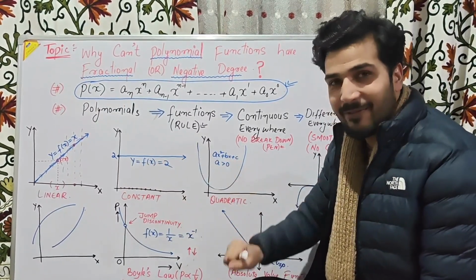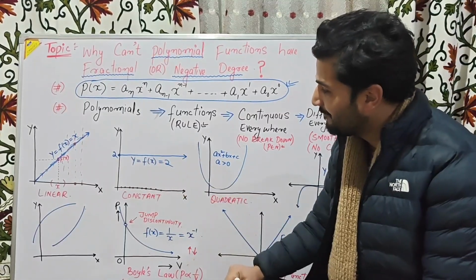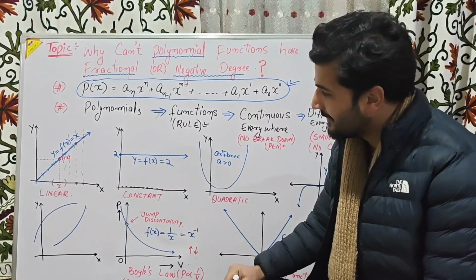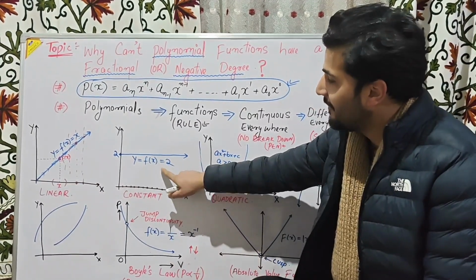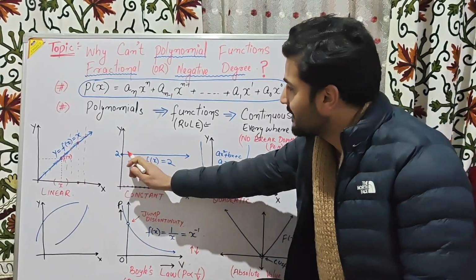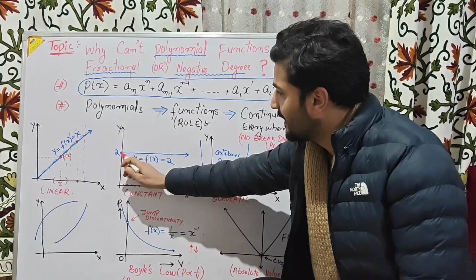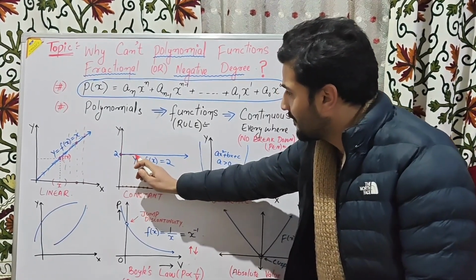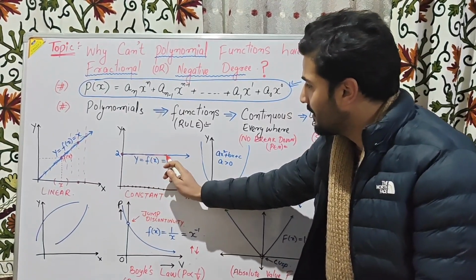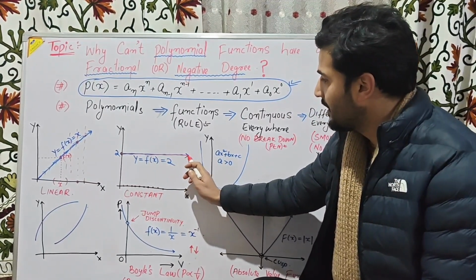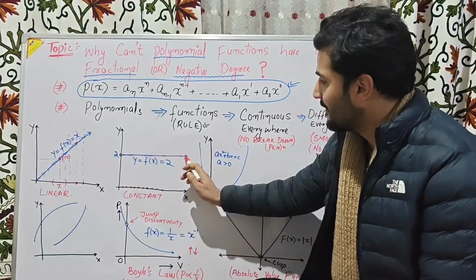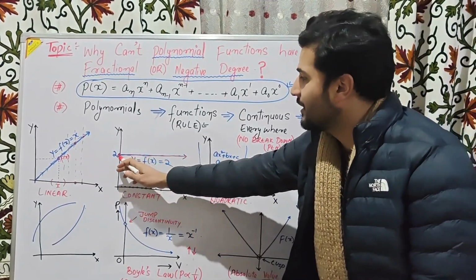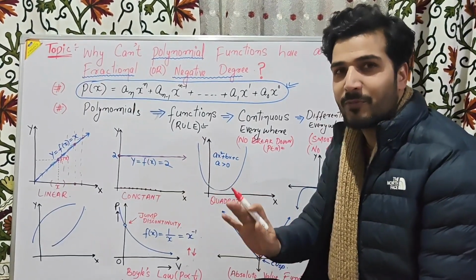And it is differentiable everywhere. How is this continuous everywhere? See, if we start from this point graphically, we can draw the graph of this constant polynomial without lifting the pen off the paper, from this point to this point. Okay, so this proves the continuity.